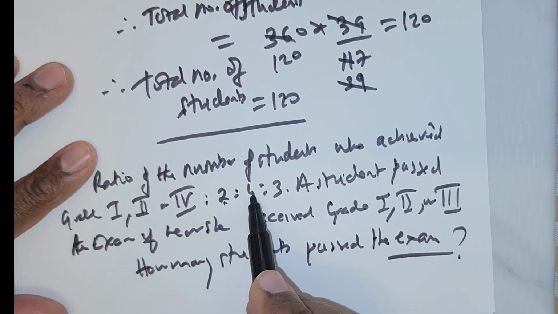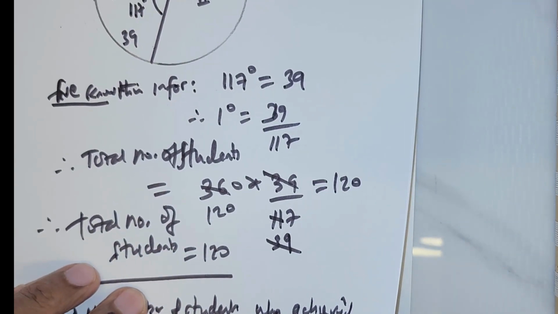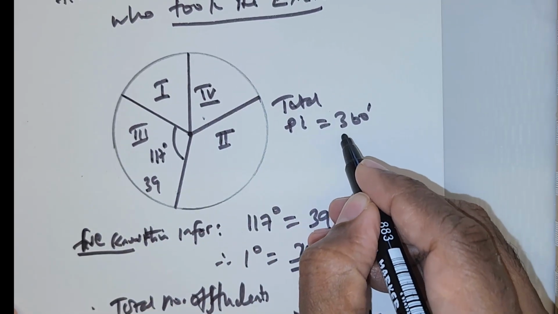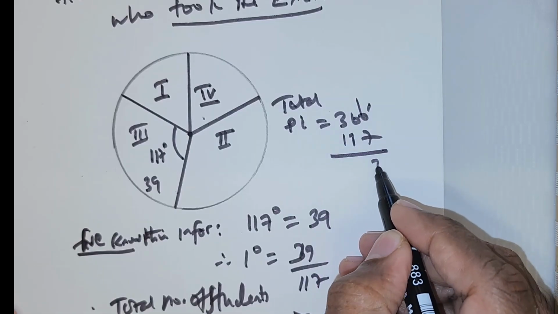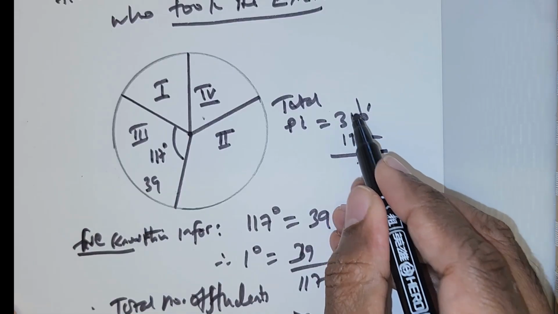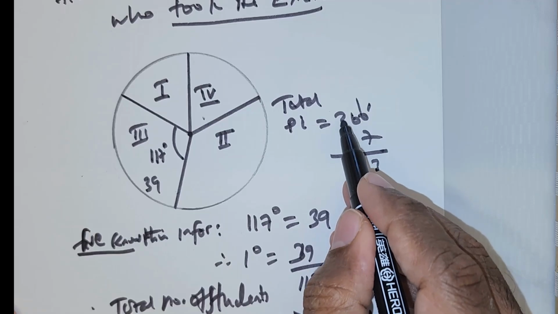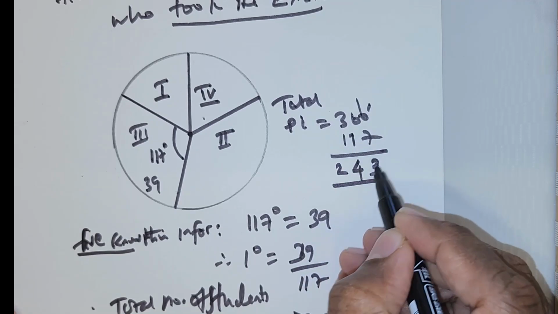Okay, now 2 plus 4 is 6, 6 plus 3, 9. So 9 parts are given. Now you see here you have 117. So from 360 you take away 117. What do you get? 10, 3. From 5 you take away 1, so this is going to be 4, and from 3 you take away 1, you get 243 degrees.